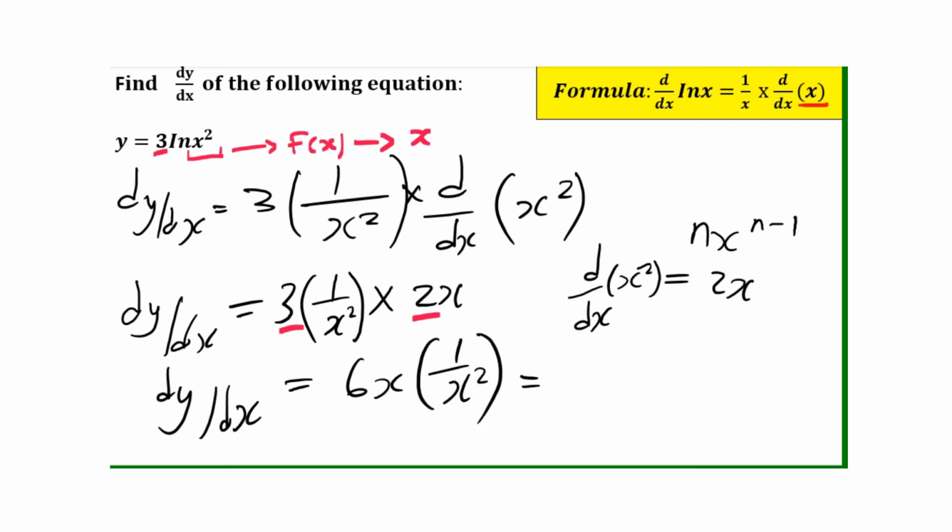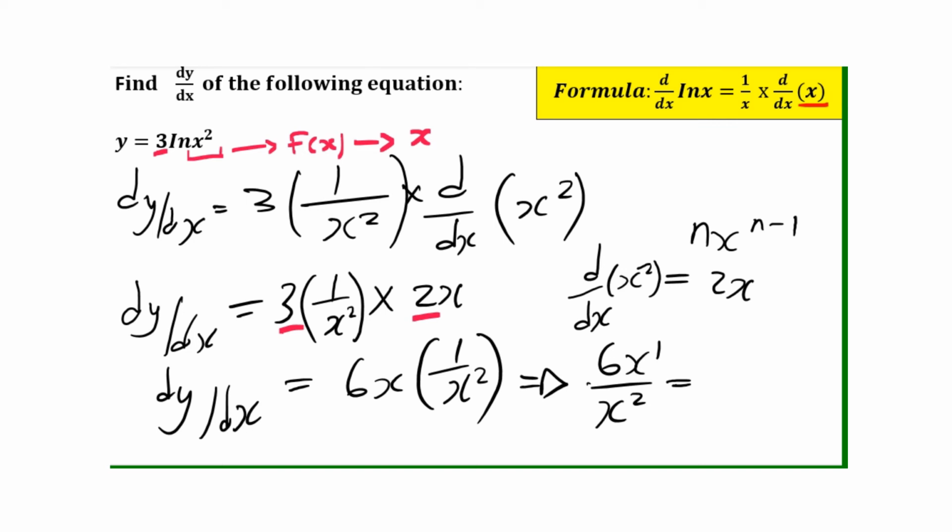Remember, you can simplify this further. Then you've got 1 here, for this 6x is raised to the power 1.